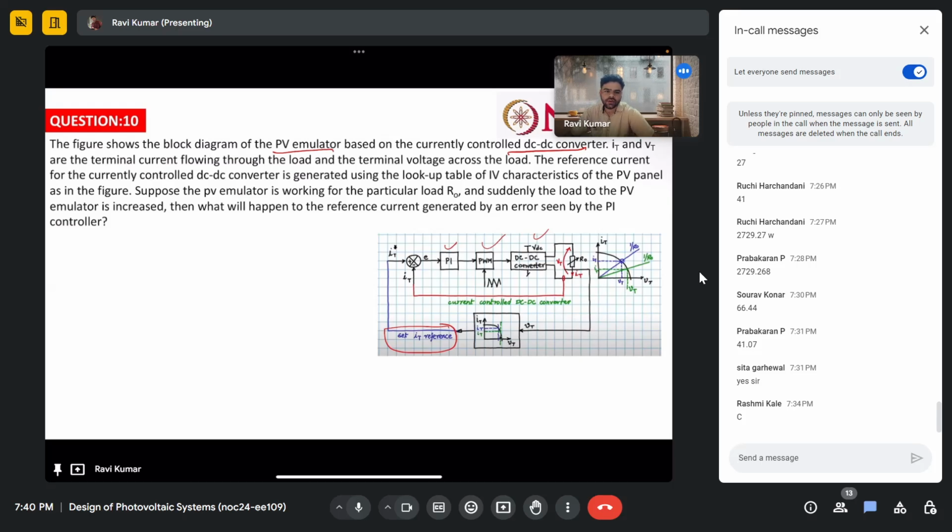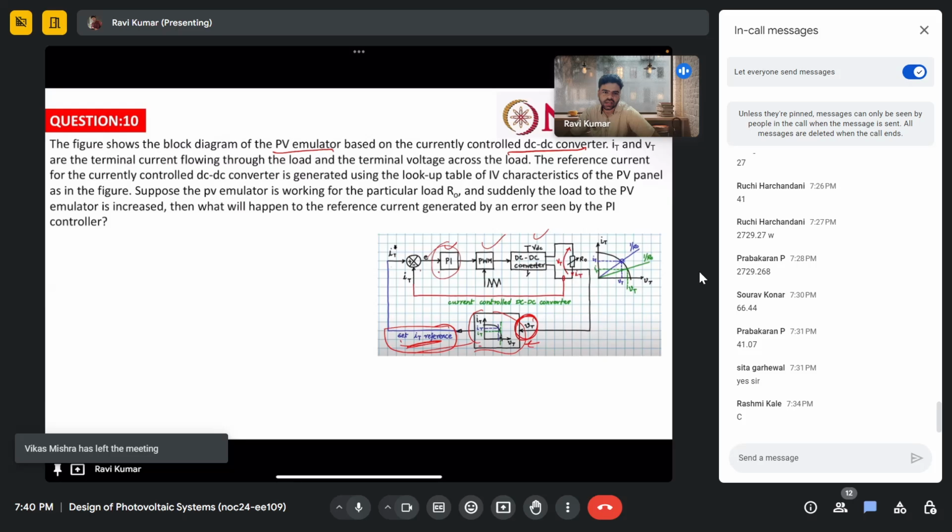So what we are doing, this is an I and V value we already have and correspond. This I is the reference value. So corresponding to this VT, this voltage value, this gives some reference I value. This reference value I is given to this PI and this PI controls the circuit.